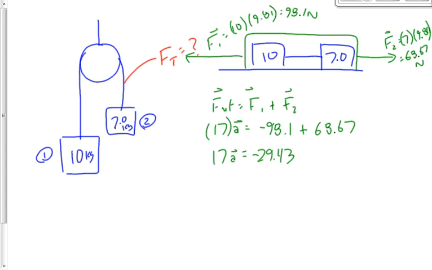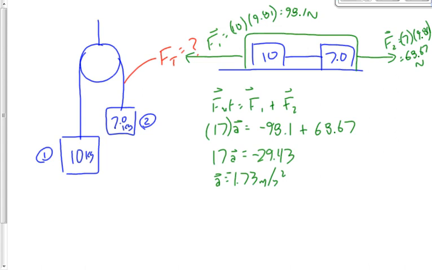We're going to divide that by 17, and it's going to be somewhere in the range of, I'm going to say 1.6. 1.73, thank you. 1.73 meters per second squared, right? Yes, it would be, thank you. It's negative 1.73 meters per second squared.